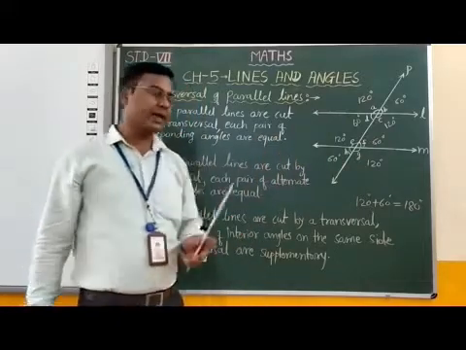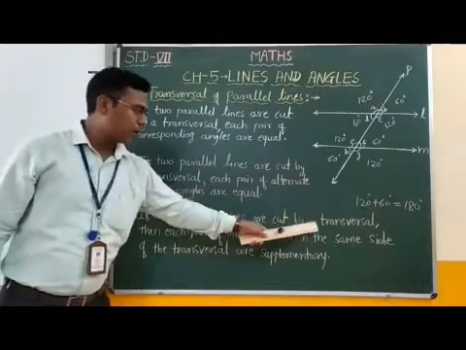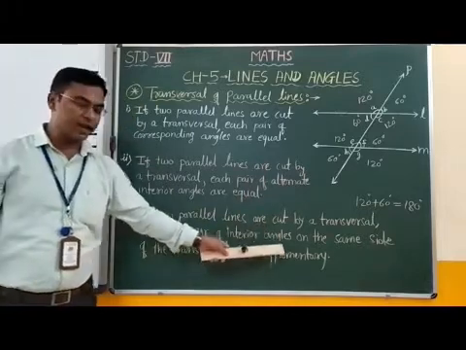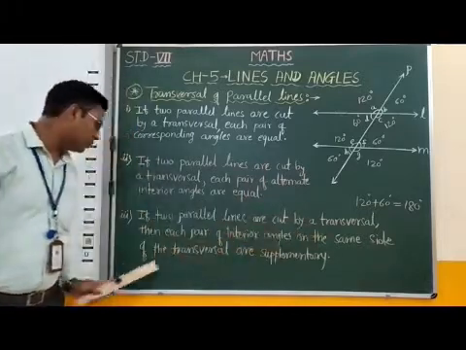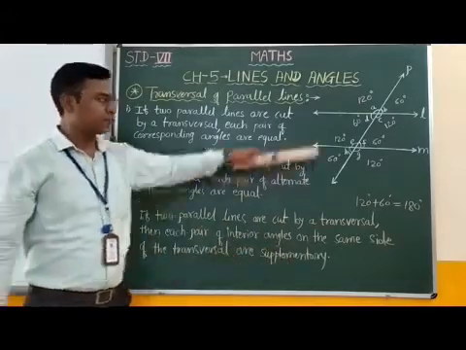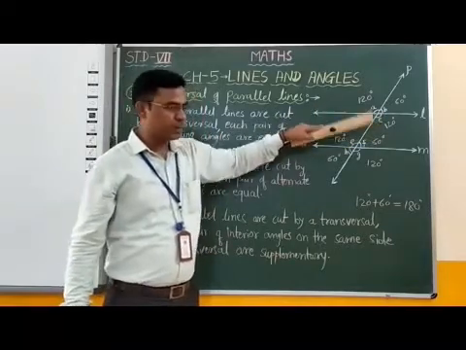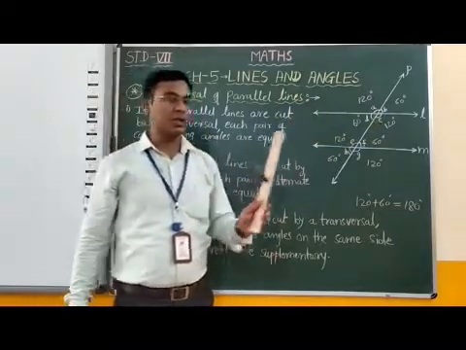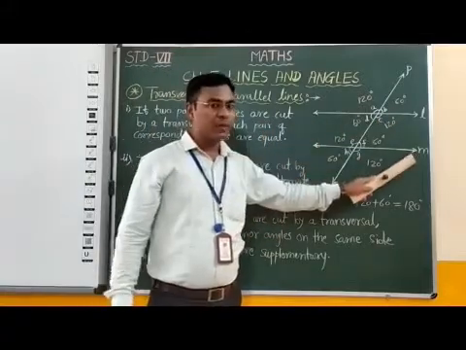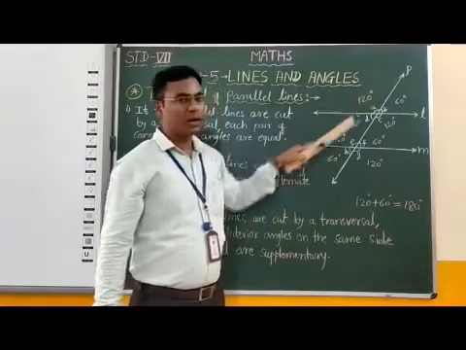Therefore, we can say that if two parallel lines are cut by a transversal, then each pair of interior angles on the same side of the transversal are supplementary. These two angles are supplementary, these two angles are supplementary. It is possible only when the two lines are parallel and these two parallel lines are cut by one transversal.